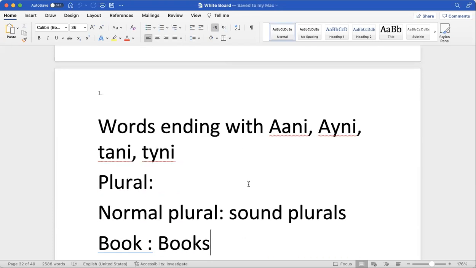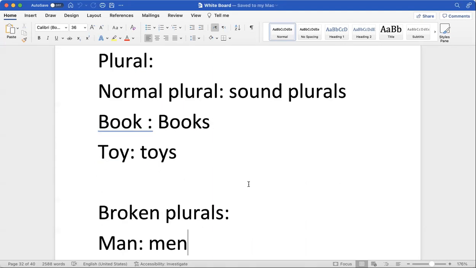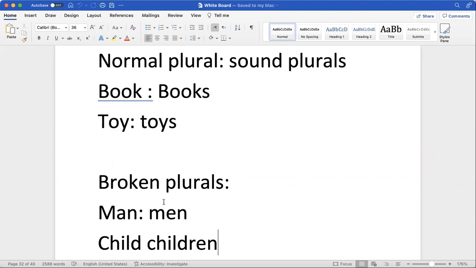In the plural case, first of all we made the distinction between English and Arabic. In English, we have normal plurals and we also have broken plurals. When we say book, and if I want to make the plural of book, we say books, right? Straightforward. Toys, right? But there are certain words in English where it's not straightforward.